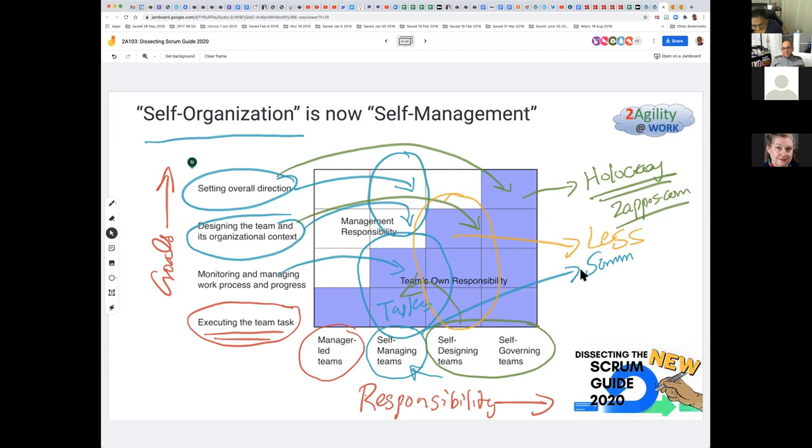And can anyone say why we want the teams to design themselves? Do you want to hazard a guess about that? Let's say I have 5 teams, and you do not want somebody from outside designing what these 5 teams are individually going to do, but you want the teams to do it themselves.